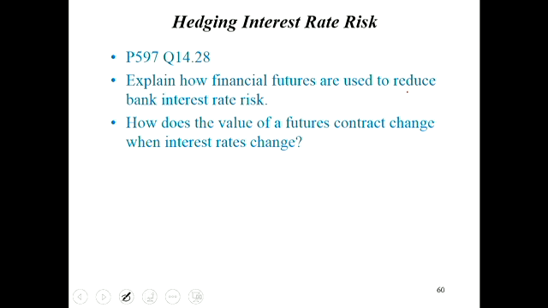If you want to hedge that, then you've got to take a long position. If you were afraid interest rates are going to fall, you want something that's going to gain value as interest rates fall, and that's the long position here. As interest rates fall, the derivative gains value.